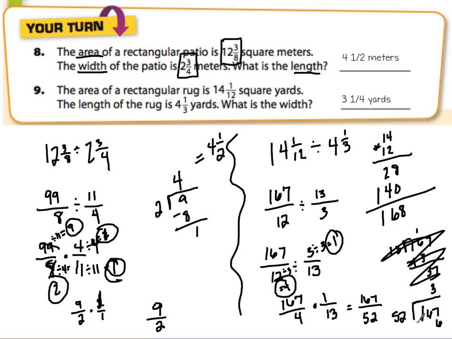Okay, and then 3 times 5 is 15. And I'm left with 11 out of 52. And I can see that I made a mistake here somewhere, because I should not be ending up with 3 and 11 over 52.